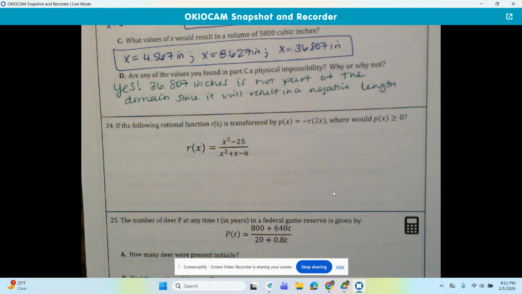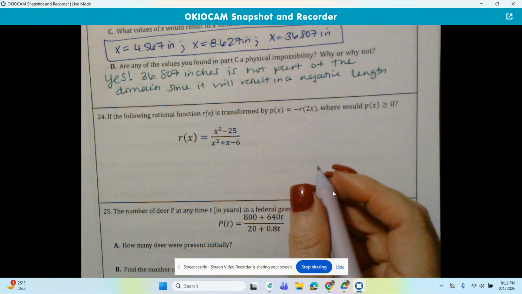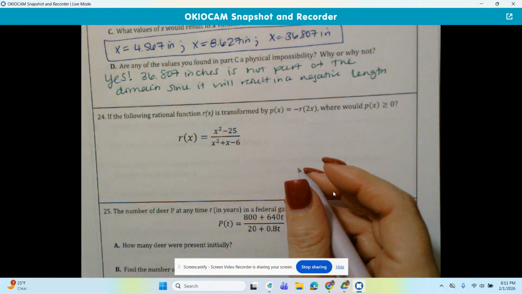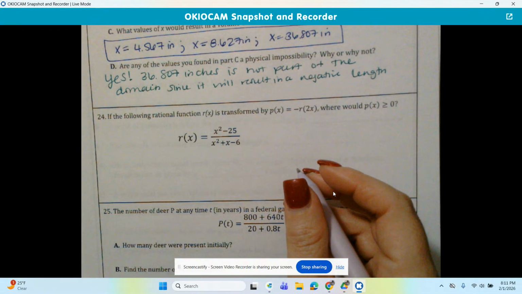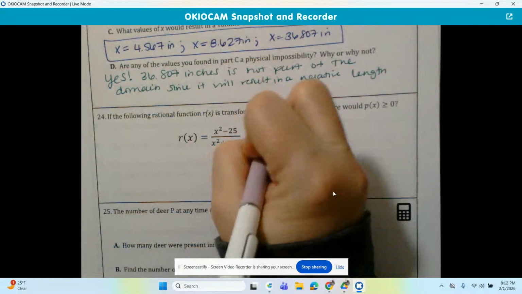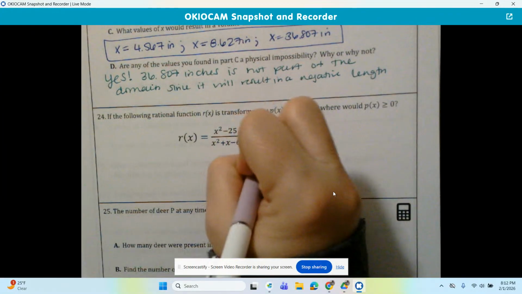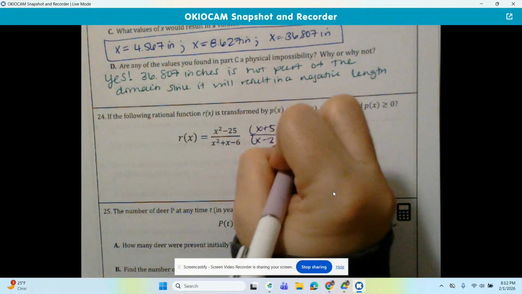All right. Number 24. All right, so obviously we are going to rational function. We are going to factor. So x plus 5, x minus 5 on the top, x minus 2, x plus 3 on the bottom.